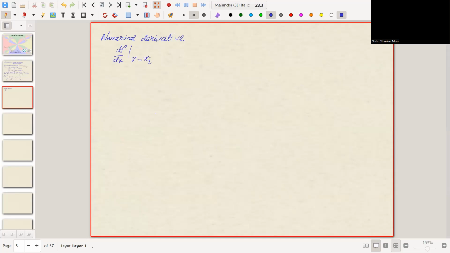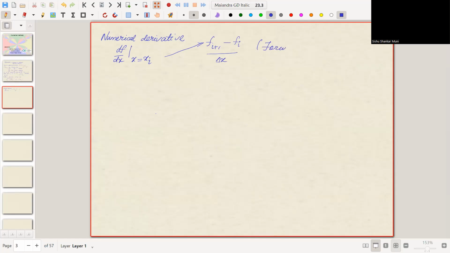For the numerical derivative, we say df by dx, evaluated at x equals x_i. The first definition is f_{i+1} minus f_i, divided by delta x. So this is which method? Forward.